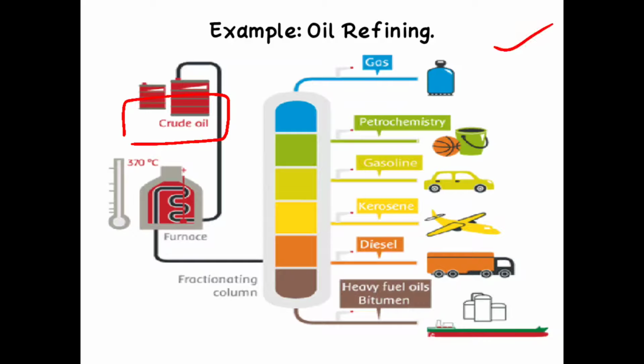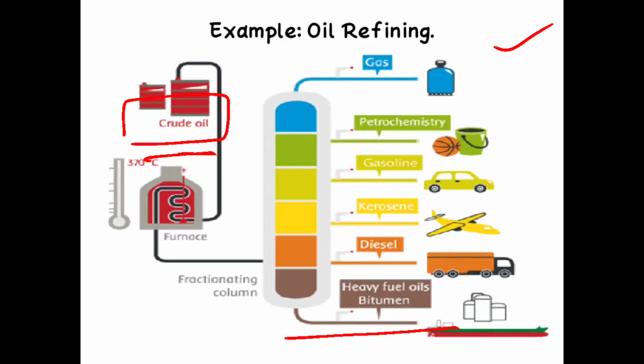in this picture. At the refinery, the crude oil is heated in the furnace at 370 degrees Celsius. Each part of the mixture boils at a different temperature. The part with the lowest boiling point boils first and is collected from the bottom of the column.